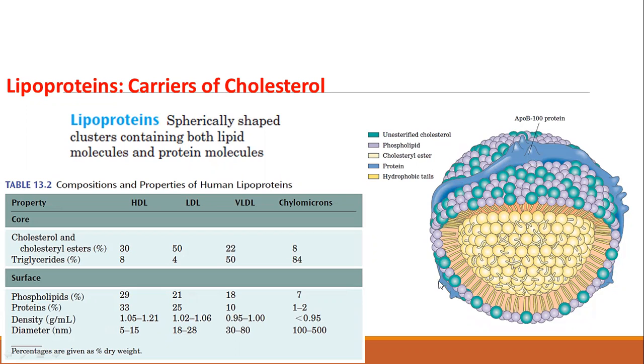You have your phospholipids, you have your proteins on the surface. And very inside, you have your triglycerides, just a small portion, and then the majority, up to 30%, you have your cholesterol and the esters of cholesterol.